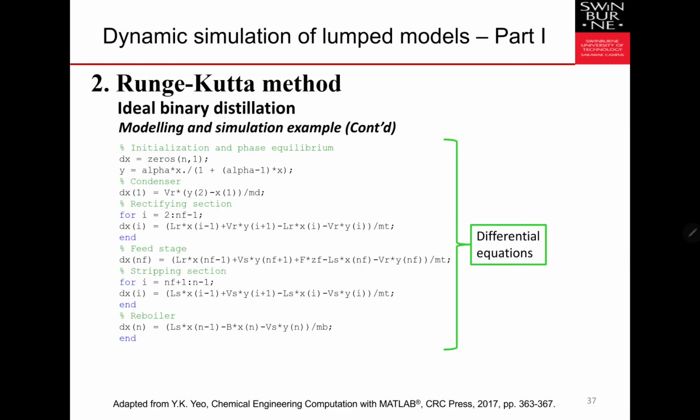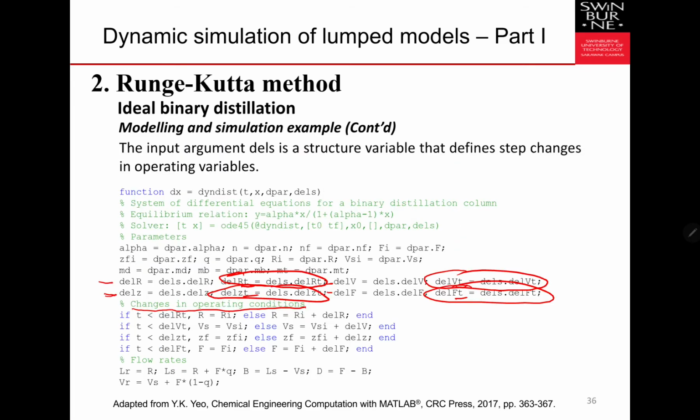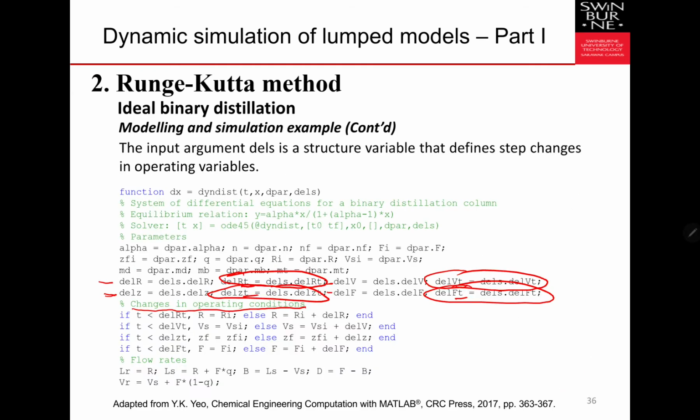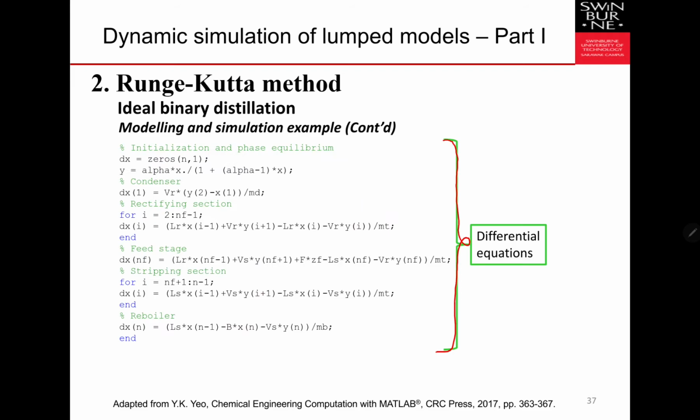Okay, then this line of the MATLAB code is just expressing the differential equation that we express in this slide in here. So that one is expressed in the MATLAB in here. This one is for the condenser, this one is the initialization, this one is the equation that was shown in the previous slides.